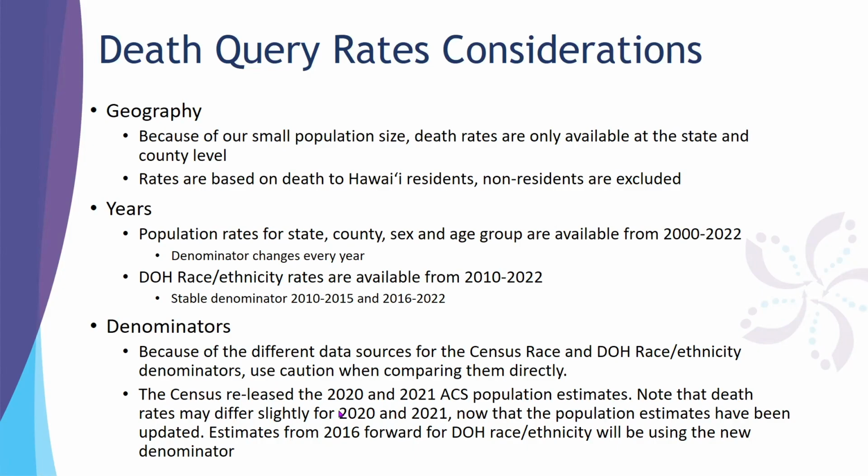We noted that the rates based on those may differ slightly from what you ran before. So if you're looking for a trend, you probably want to rerun all of those years. And we've updated the data in Hawaii Health Matters accordingly. Also know that if you're doing trend data looking at race ethnicity and you've been running data from 2016 onwards, you probably want to rerun those again because it's going to be using the new denominator.